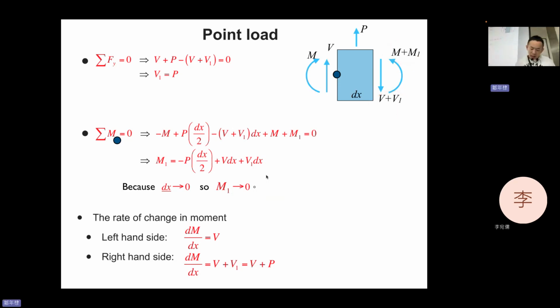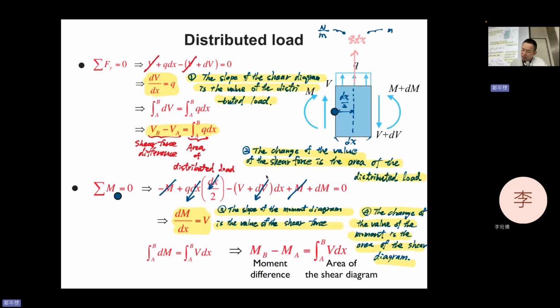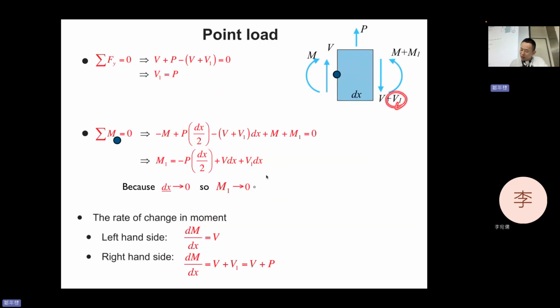Okay, and then you may notice that why the previous one is dx, dV, dM, why this is V1, M1. This is kind of important, because why is this M1 V1 rather than dM dV? Because this is point load.